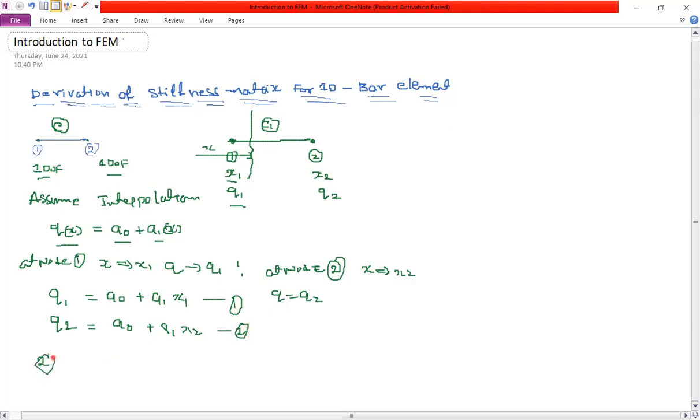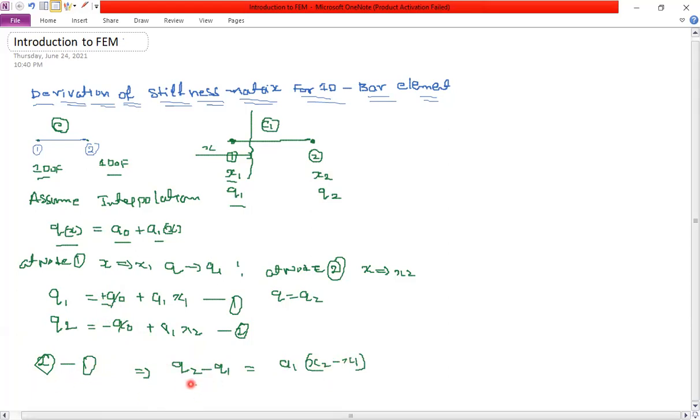Let us do equation 2 minus equation 1. Then it is possible to write q2 minus q1 must be equal to a1 times x2 minus x1, because a naught gets cancelled.